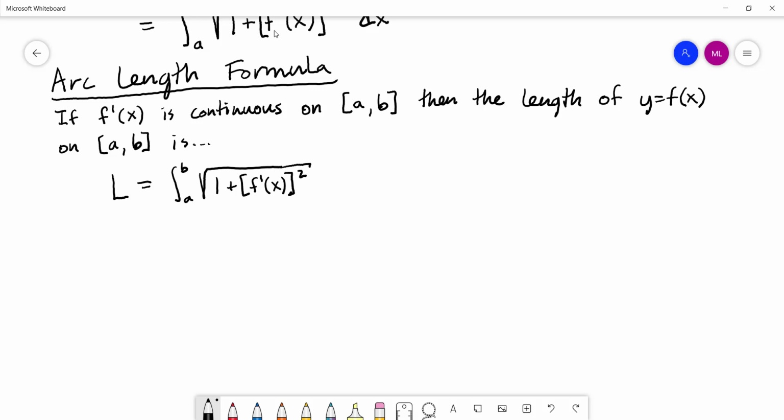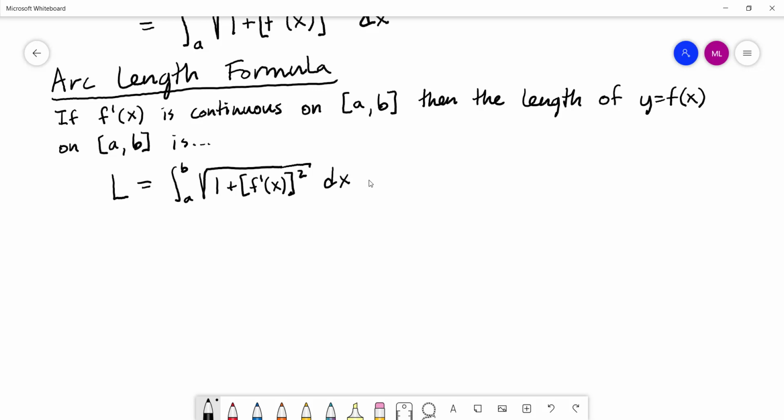So I'm going to put it in square brackets like that with the square outside just to make it totally clear. These things can get really weird if I just wrote it like that. It's kind of ambiguous or just ugly, so I'm putting in those square brackets just to make it clear that I'm taking the whole f prime of x and squaring it. So just keep that in mind. It's just a notational thing to try to make it as unambiguous as possible. And don't forget our dx.